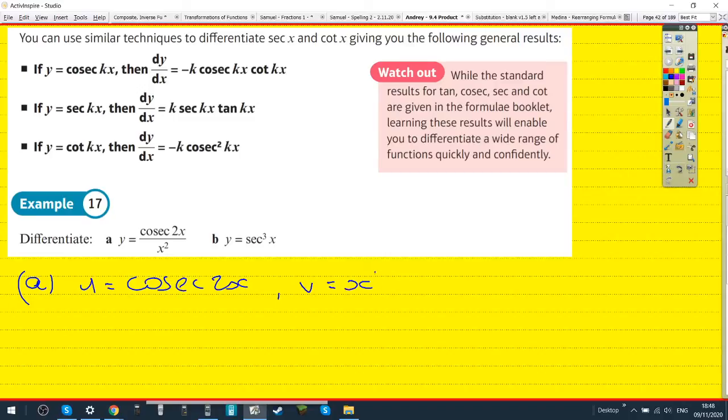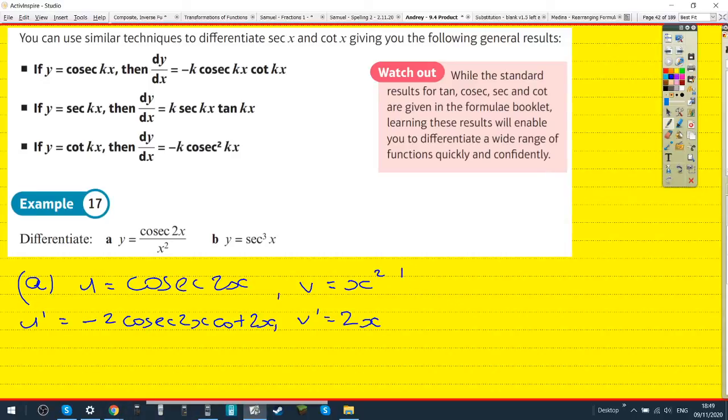And so then do differentiation of v, which is 2x, and it says there, so the differentiation of cosec 2x is going to be minus 2 cosec 2x cotan 2x. Yeah, so that's the result we just proved. Okay.